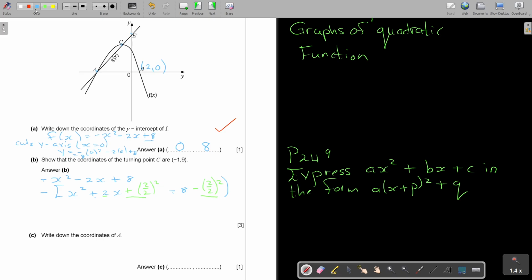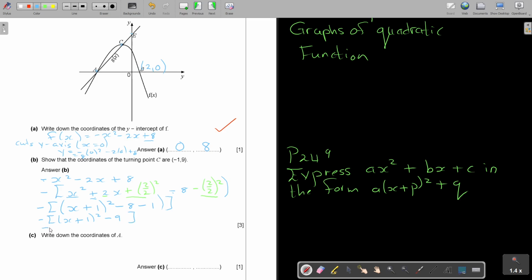Now, I'm going to say negative, and I keep, a bracket, and x, it's this, the square root of this is 1, this sign, plus 1, squared, and it's minus 8, minus 1, and I close. So it's negative x plus 1 squared minus 9.